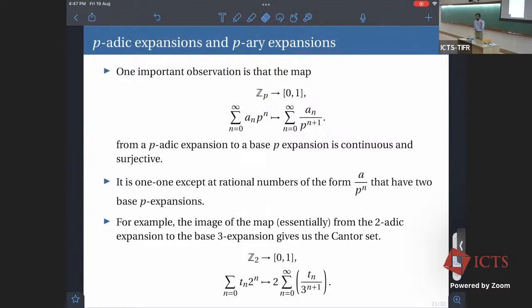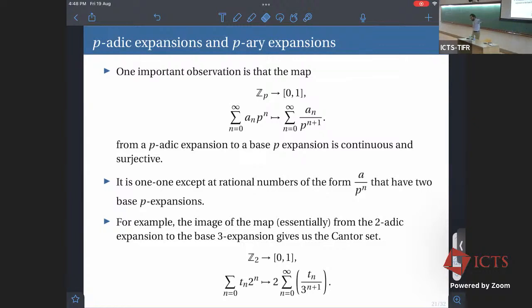Instead of sending p-adic expansions to base p expansions, look at the map from the 2-adic expansion to the base 3 expansion, where you insert a 2 here. If you have a 2-adic expansion, the digits are always 0 and 1. So in the base 3 expansion all my digits are 0 or 1, and if I include this 2, then all my digits are 0 or 2.